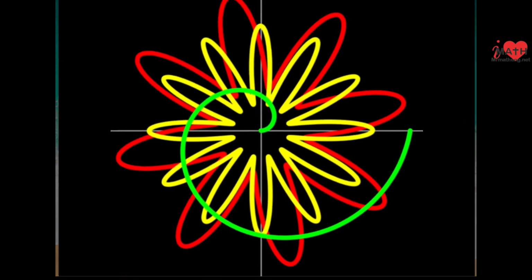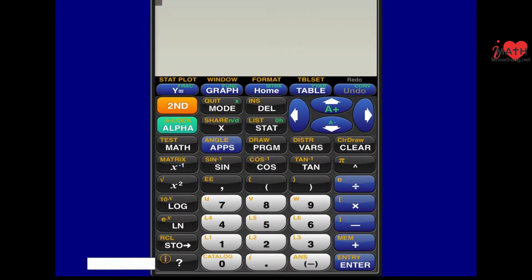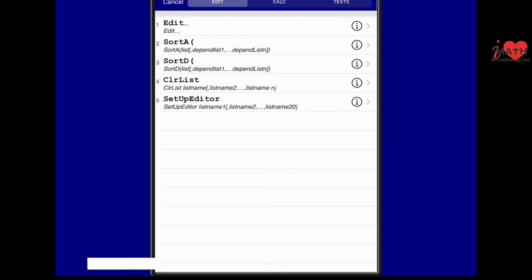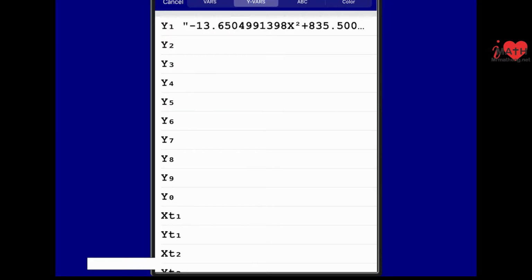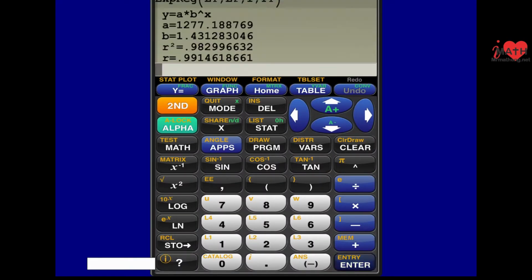And of course it crashed. Let's try that again. Stat, calc, exponential reg, L1, comma, L2, comma, 1, comma, vars, y1. Don't crash. There it is. Remember, if you don't get the r squared and the r, you have to turn diagnostic on. So now we have all of those numbers.